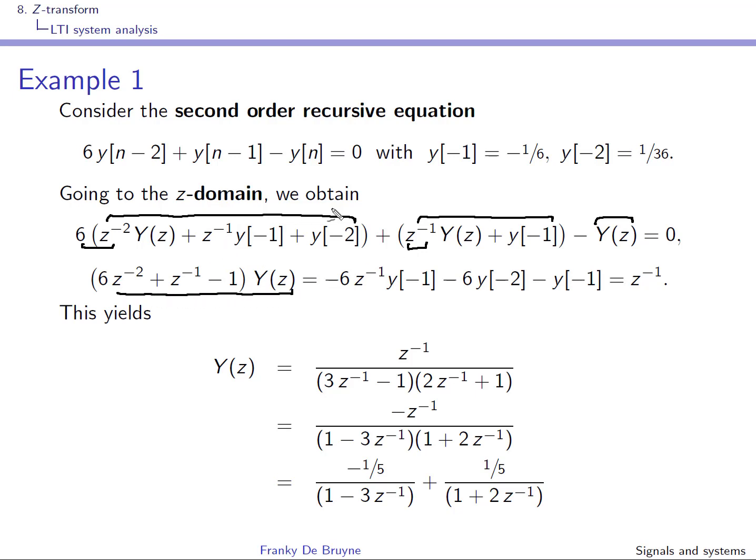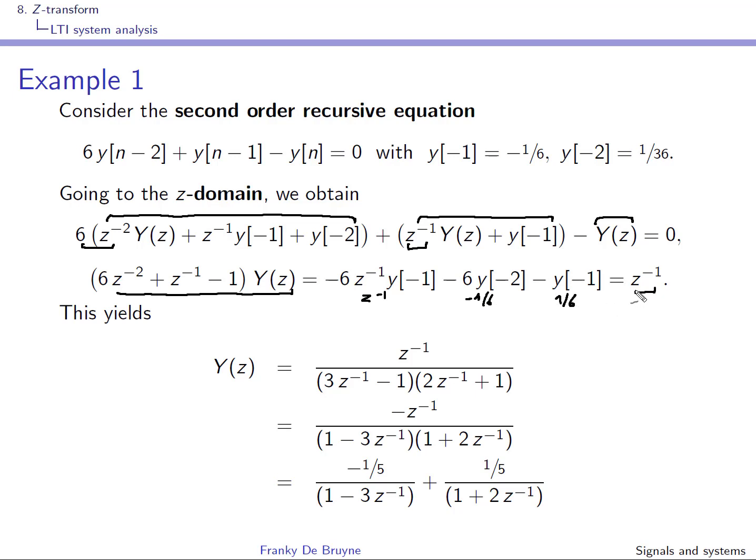We take all the initial conditions on the other side. Notice that I've written a parenthesis, so this 6 should also multiply what's inside here. So initial conditions go on the other side, so here you'll have z^-1 minus 1/6 and plus 1/6.